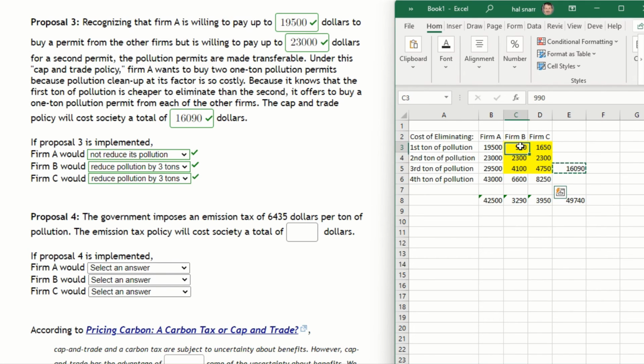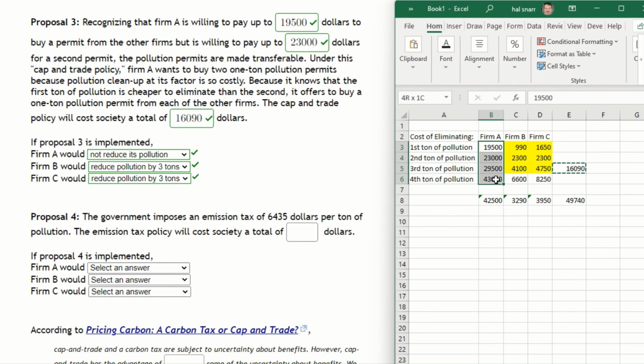Firm B finds it cheaper than paying this tax to reduce that ton of pollution, and that ton, and that ton, because these are cheaper individually than the tax. Same thing for firm C. Now this 4th ton costs more than paying the tax. So instead of reducing the 4th ton of pollution, firm B will just pay a tax of $6,435. And that's the same with firm C.